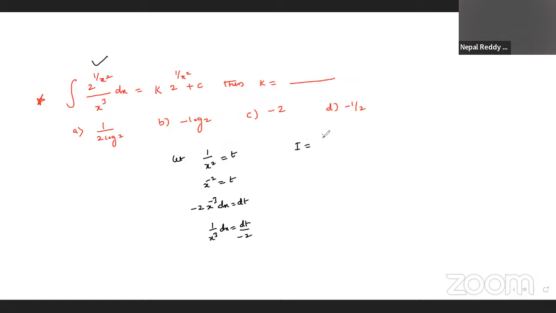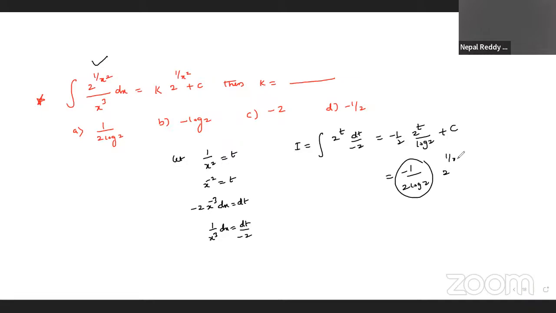That is I equal to integral first 2 power t. Next dx by x cube is dt by minus 2. Therefore, minus 1 by 2 outside, integration of 2 power t is 2 power t divided by log 2 plus c. And hence, minus 1 by 2 log 2, which is constant, multiplied by 2 power t.